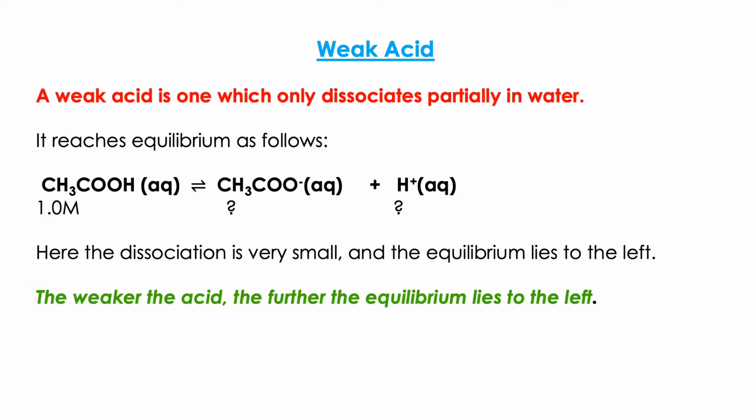If the initial concentration of ethanoic acid is 1 molar, then we do not know how much ethanoate ion and H+ ions are formed because the dissociation is reversible. It's not 100%, but we do know that the dissociation is very small and the equilibrium lies towards the left. The weaker the acid, the further the equilibrium lies to the left.